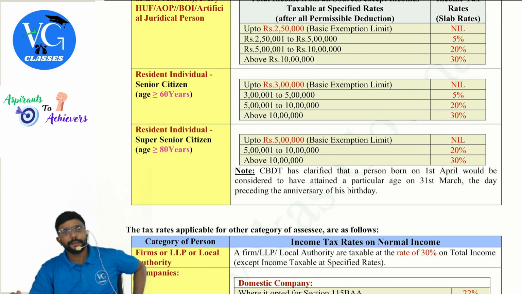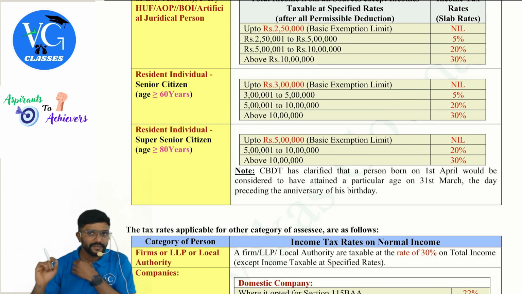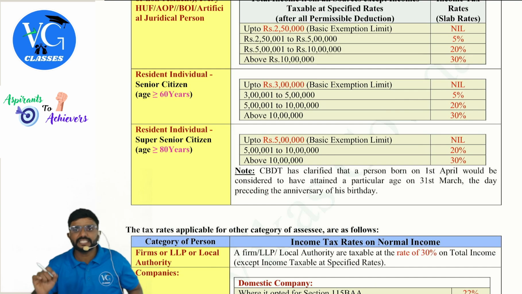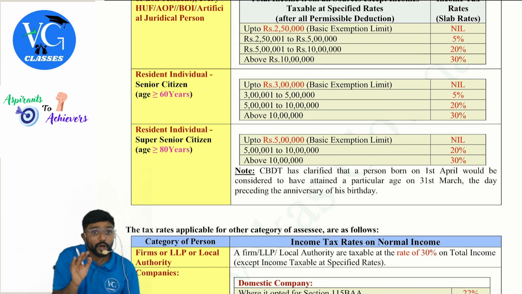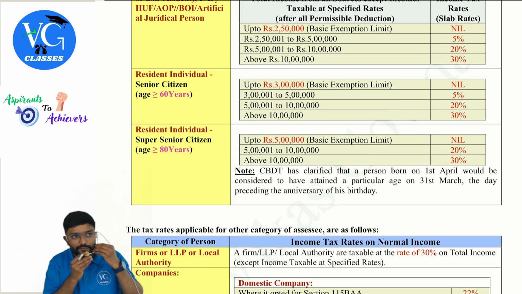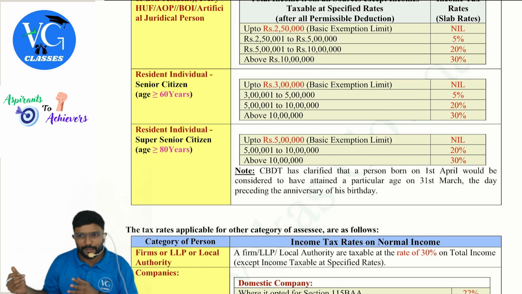Now CBDT has also clarified that even if the assessee is celebrating their 60th or 80th birthday on first April of the assessment year, still they are eligible for the higher basic exemption limit, because they would have completed their 60th or 80th on 31st March. Celebration will happen on first April, but completion would have happened on 31st March.